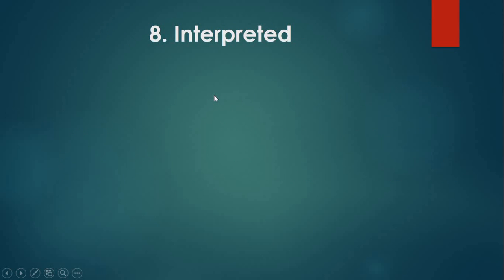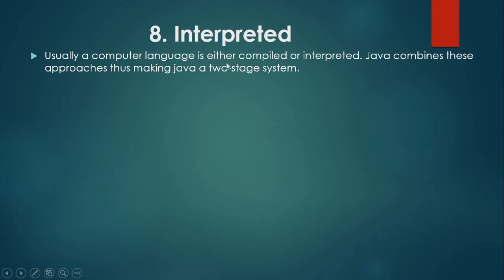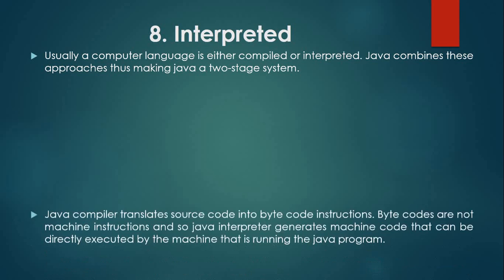Eighth one is interpreted. How is it interpreted? You already know the concept of compiler and interpreter, but usually a computer language is either compiled or interpreted. Java combines these approaches, thus making Java a two-stage system. Means Java will compile also and interpret also.